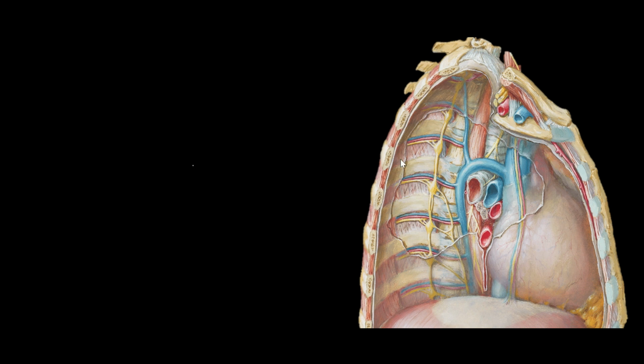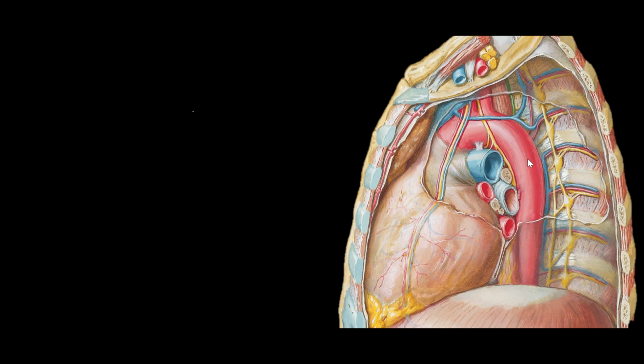So on the right side lie the azygos vein, right mediastinal pleura, and the right lung in the lower part of this thoracic aorta. The thoracic duct also lies to the right side of the thoracic aorta. And when we look at its anterior aspect, which can be clearly seen here, you can see that in front of this descending aorta lies the root of the left lung.